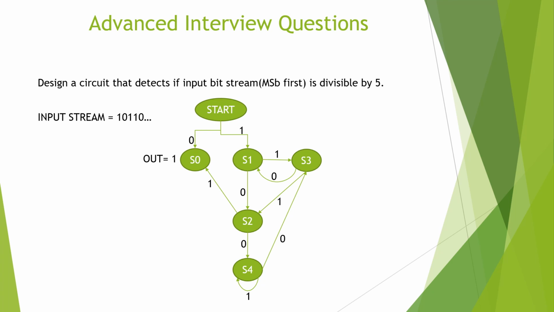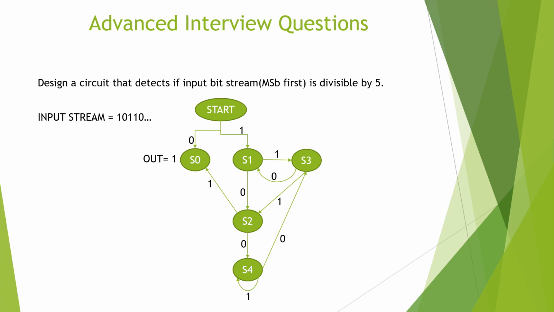Similarly from S2, if you get a bit 1, that means you multiply by 2 and add 1, so S2 will navigate to S0, and if you get a 0, S2 will navigate to S4.